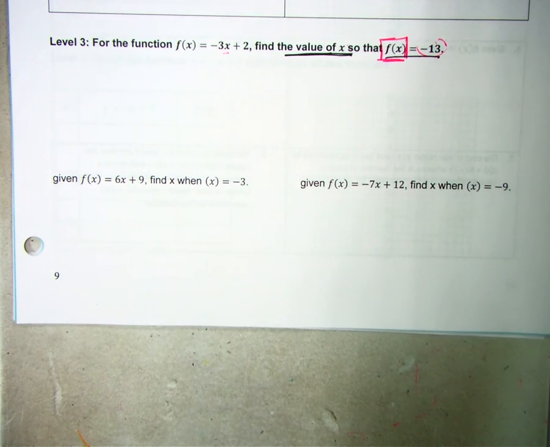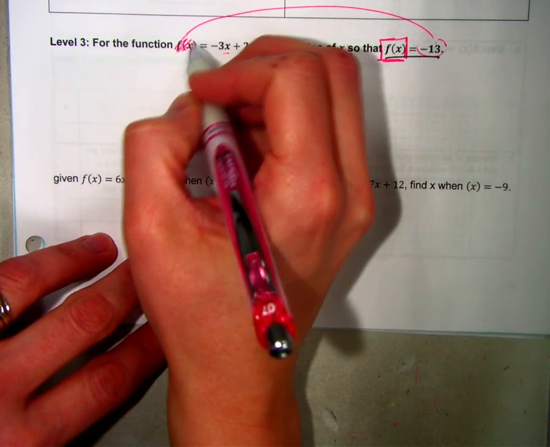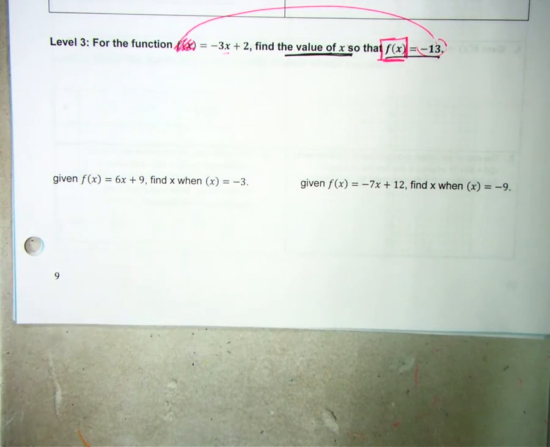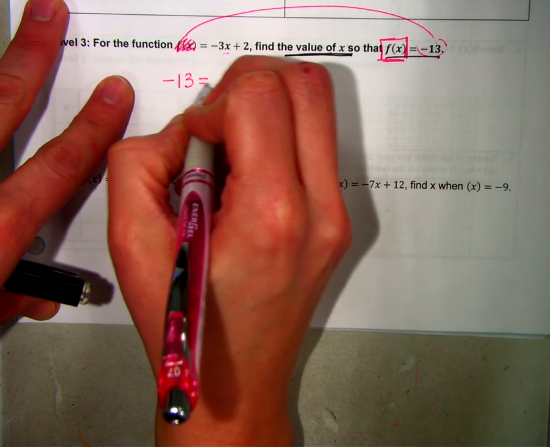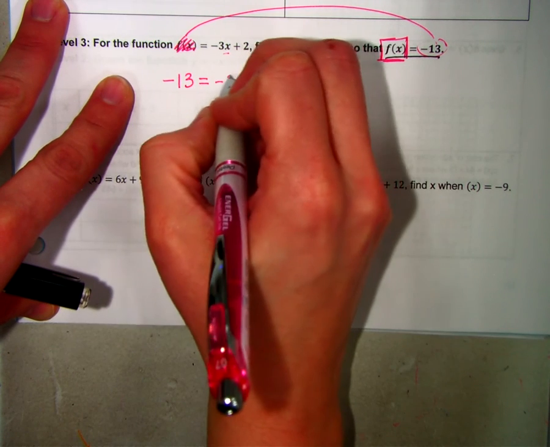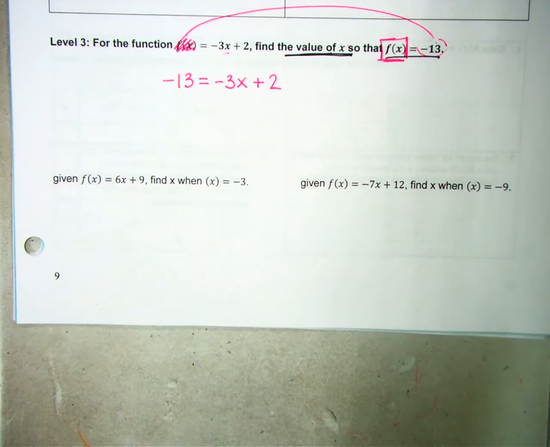So we're going to drop that number into f of x, not x. So let's do this. Negative 13 is equal to negative 3x plus 2.